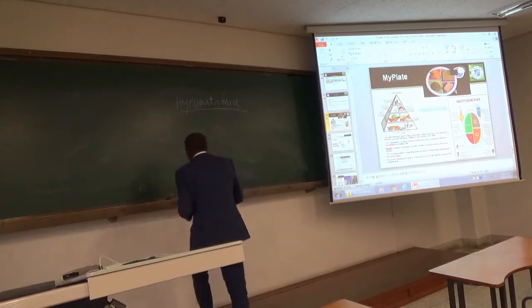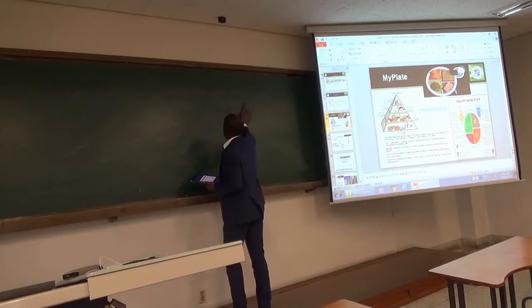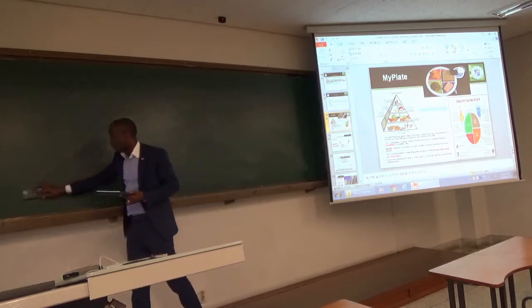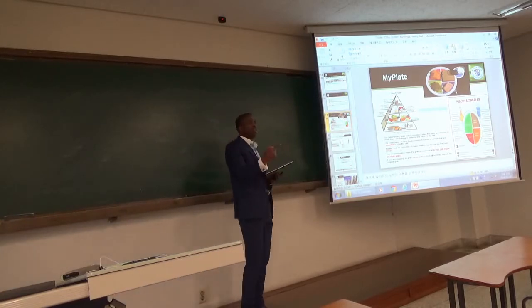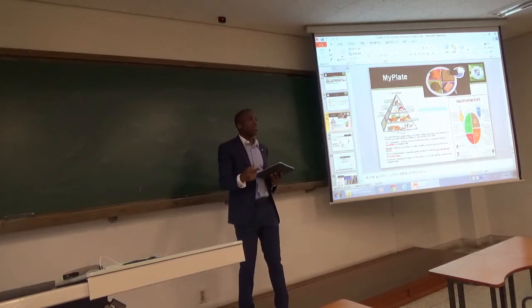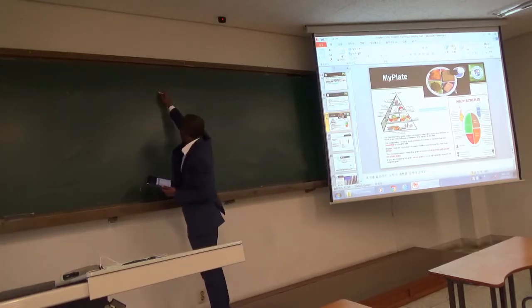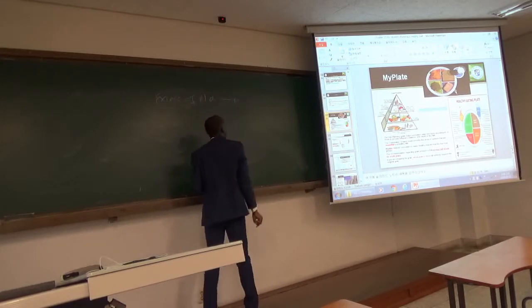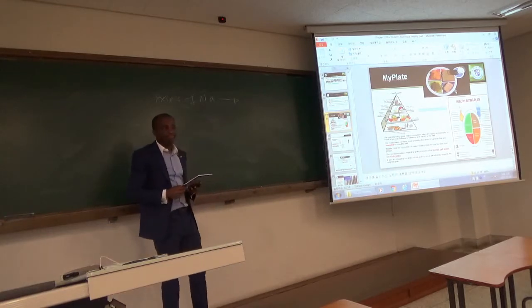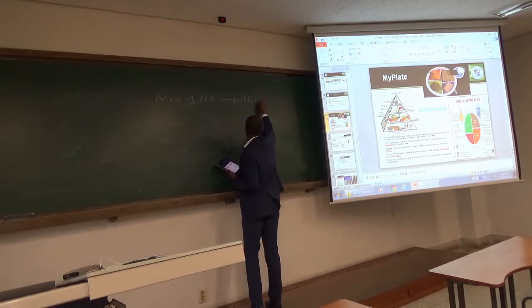But it is good to know at this time, and we calculate the water content at the same time. So, excess of sodium gives us which disease? Probably high blood pressure. Okay?